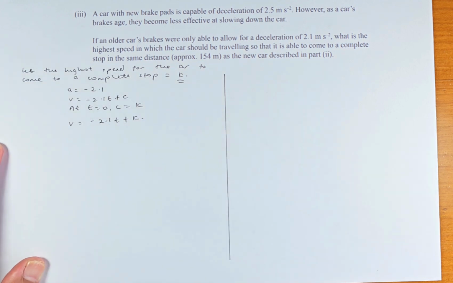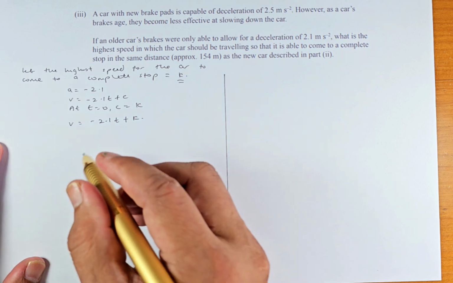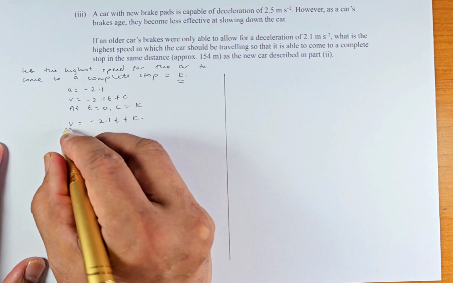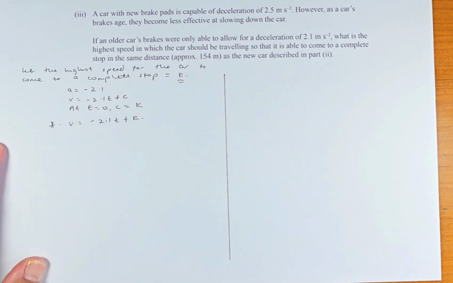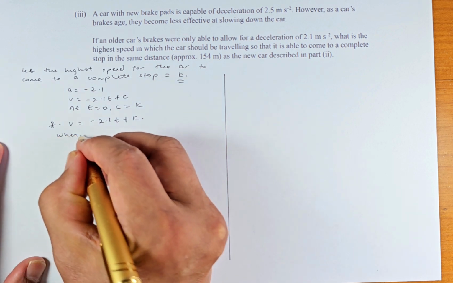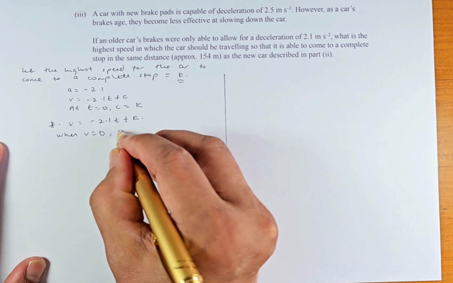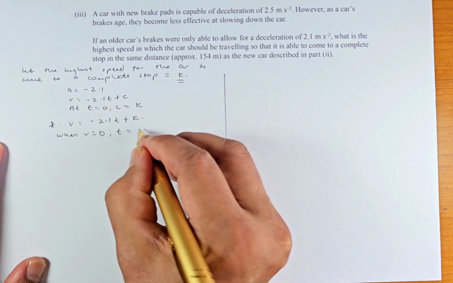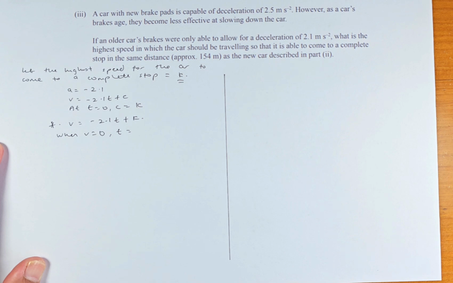We're going to remember that equation because we need it to calculate the distance. When v, the velocity, equals 0, we need to know what the time equals, so we are going to calculate time in terms of k.